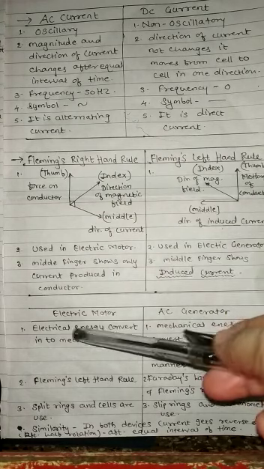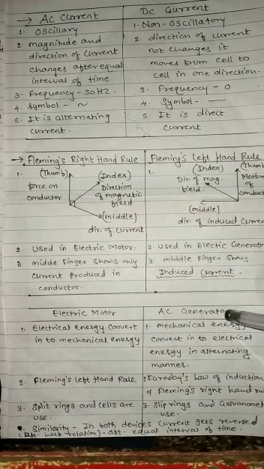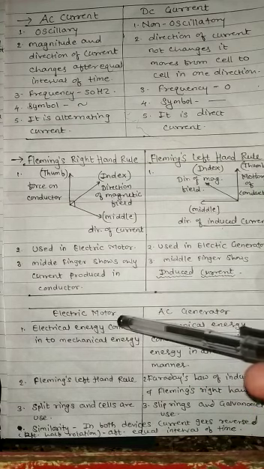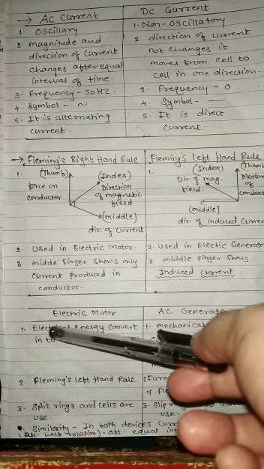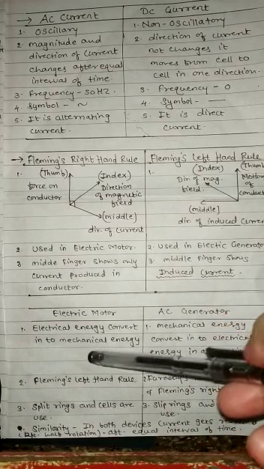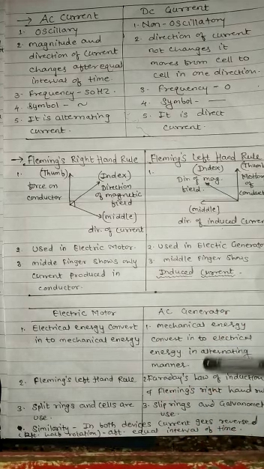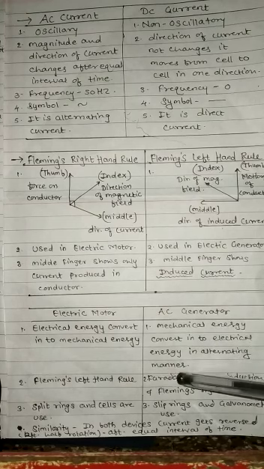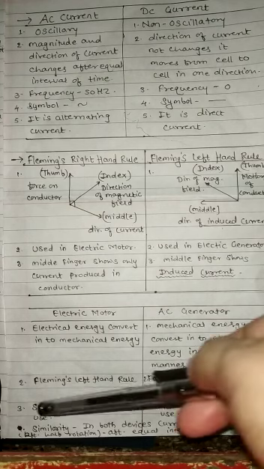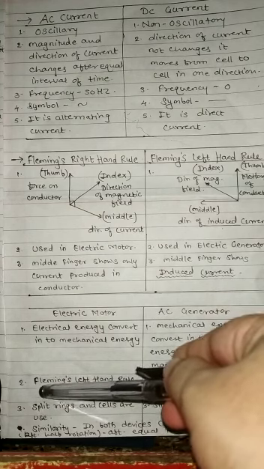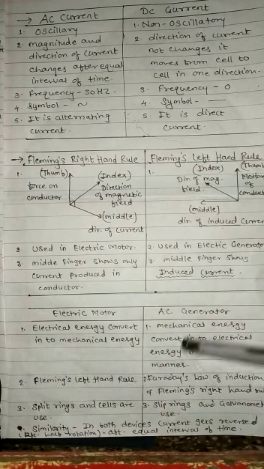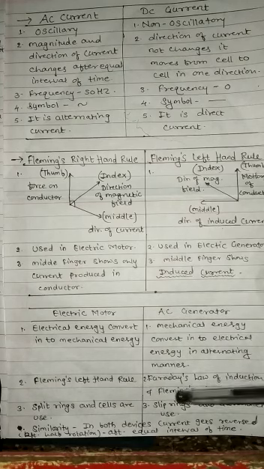The next one is electric motor and AC generator. Electric motor is defined as a device that converts electric energy into mechanical energy. AC generator is a device, you have to write down the opposite, that converts mechanical energy into electrical energy in an alternating manner. AC means alternating manner. Then second, the electric motor works on Fleming's left hand rule. The AC generator works on Faraday's law of induction and also on Fleming's right hand rule.